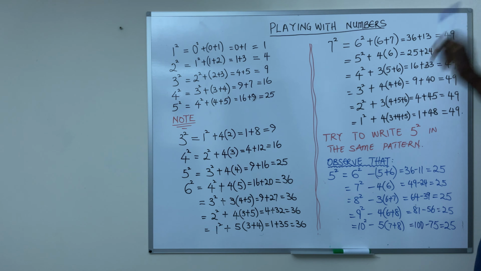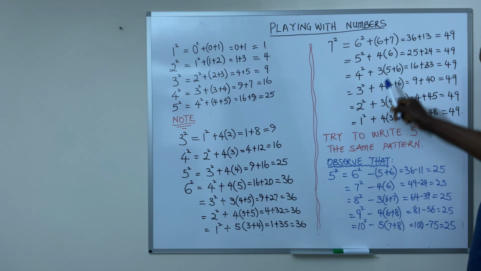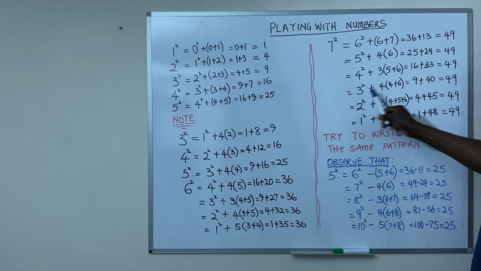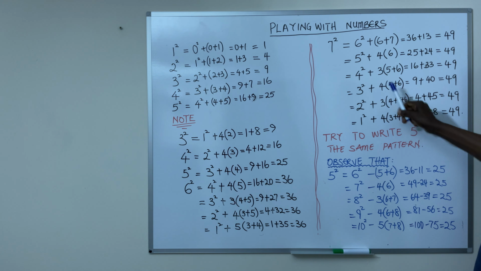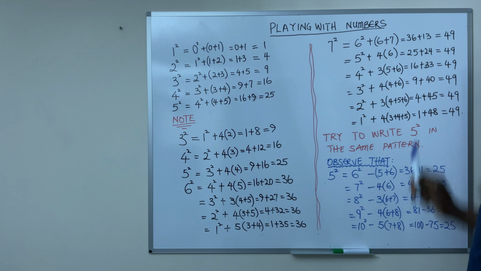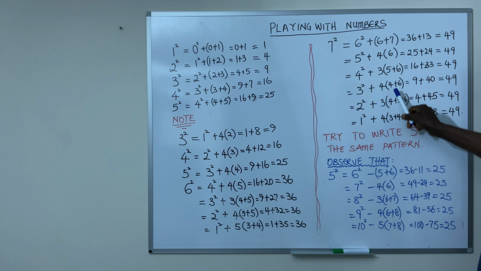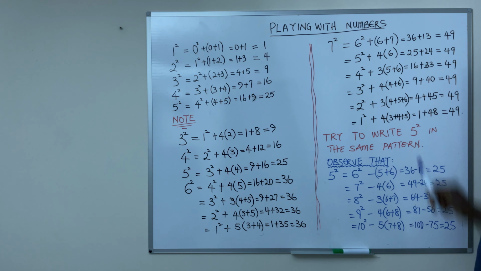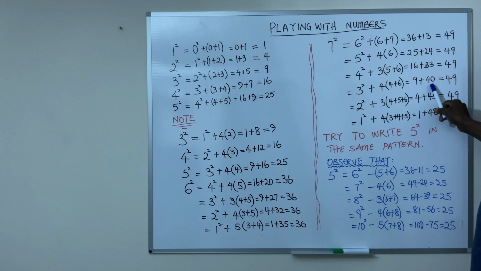Why? Because 5 is also an odd number. It cannot come in at the same time with this. So we have 4 plus 6. So we have 3 squared to give us 9. Then 4 into 4 plus 6. And that gives us 4 into 10. That is 40. We have 49.